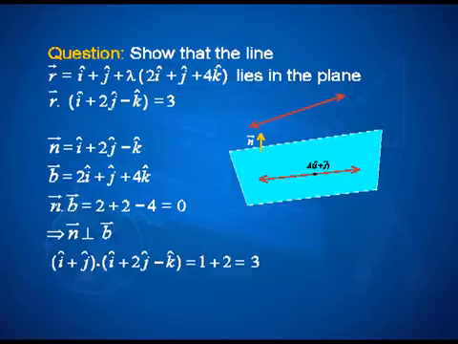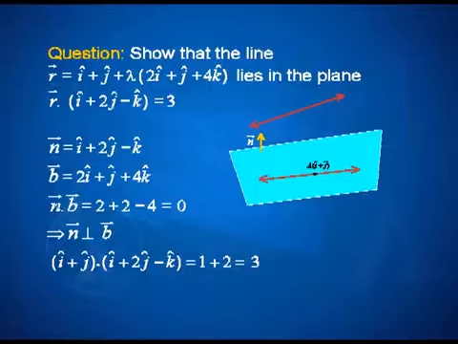Here we have the vector n, that is normal to the plane, as i cap plus 2j cap minus k cap, and vector B, which gives us the direction of the line, as 2i cap plus j cap plus 4k cap. Simple dot product gives us 0, and therefore, the line is perpendicular to the normal, but it could be away from the plane, it could be parallel to the plane.